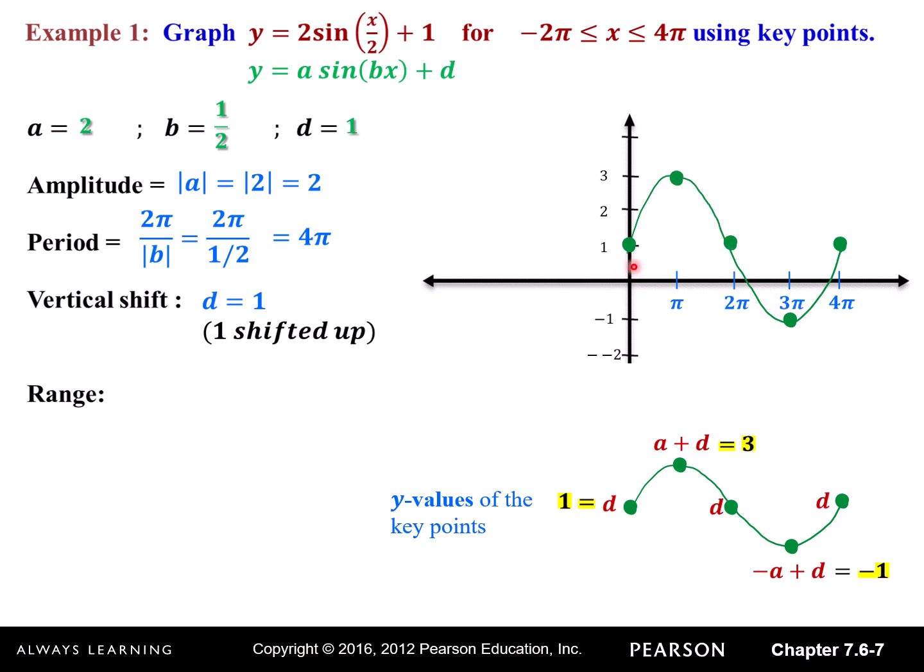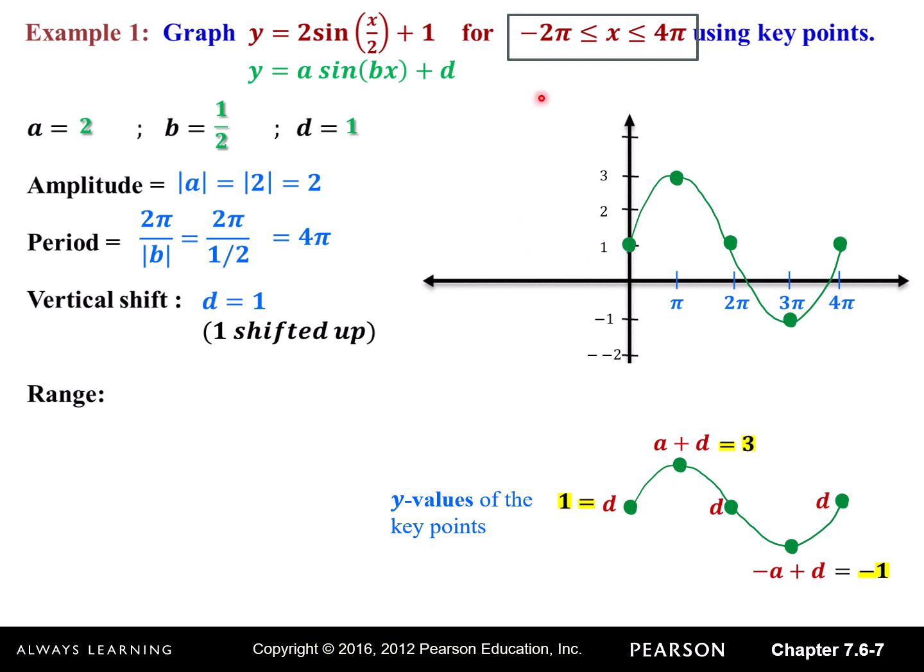So this is the graph of this sine function from 0 to the period, which is 0 to 4 pi. But if you look at the domain, we are required to graph this sine function from negative 2 pi to 4 pi. So we are done graphing from 0 to 4 pi, and we need to graph on the left side, which is 0 to negative 2 pi.